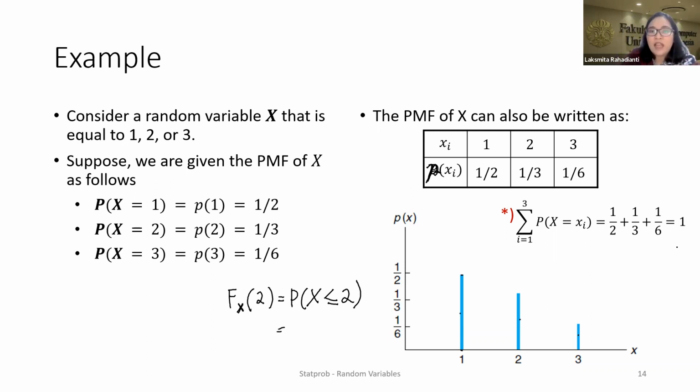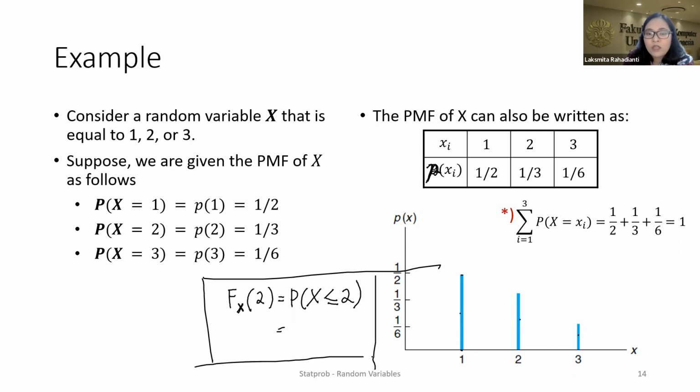From the information in my PMF, which is the table on the upper right-hand side, what do you think is the value of F(2) that I've written down here? What do you think this value should be?